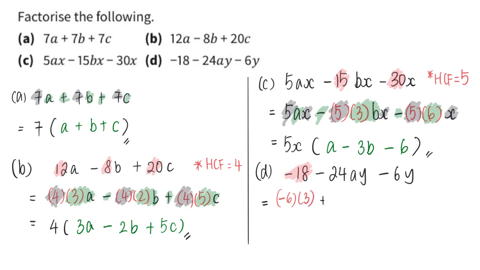This one, I'm also going to rewrite negative 24ay as negative 6 times 4ay. And negative 6y, I'm going to rewrite it as negative 6 times 1y. So that negative 6 would be the common factor.